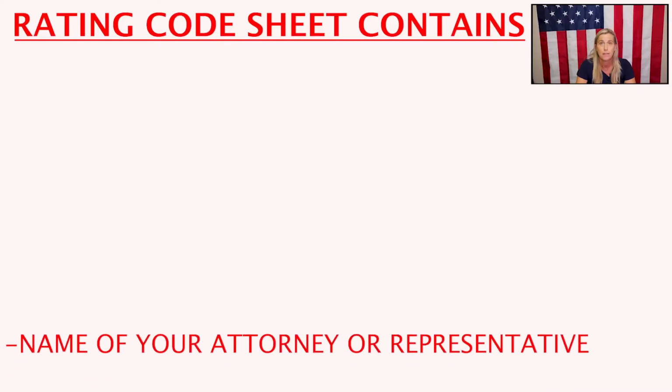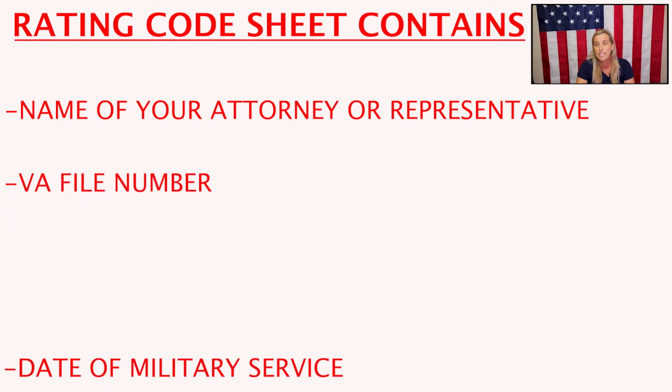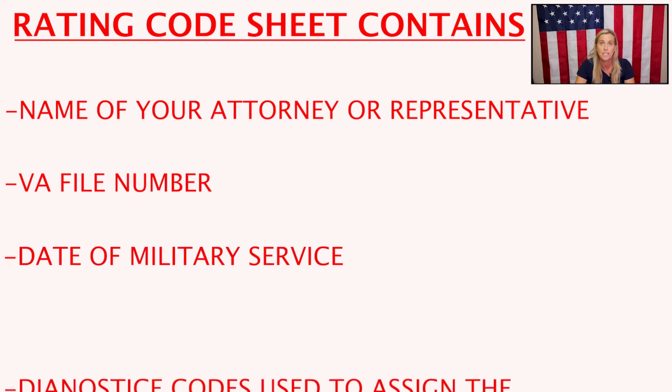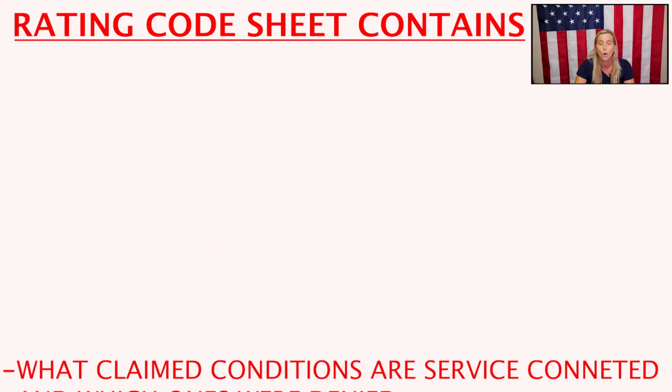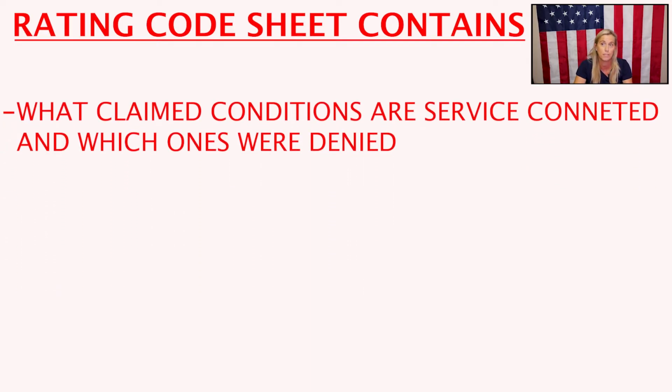The rating code sheet contains the following: the name of the attorney or representative on file with the VA, if you have one, the VA file number, which is typically your Social Security number, the date of military service on file with the VA, the diagnostic code used to assign the disability rating for each service-connected condition, what claimed conditions are service-connected and what claimed conditions were denied service connection.